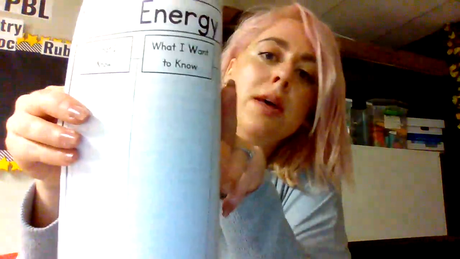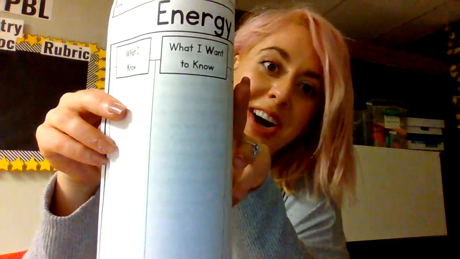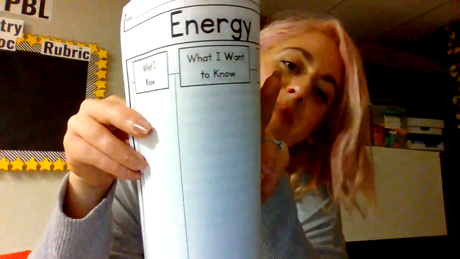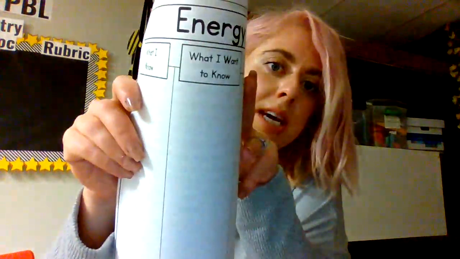And then the middle part, the W part, is what you want to know. So these are questions that you would have. You're going to write in several questions. You need to have about 4 or 5 questions that you have about energy. So this could be things that you're not sure of, maybe questions about what we might explore, things that you want to know.